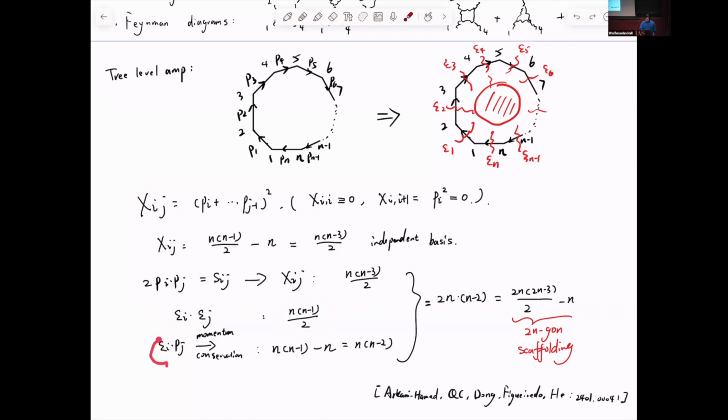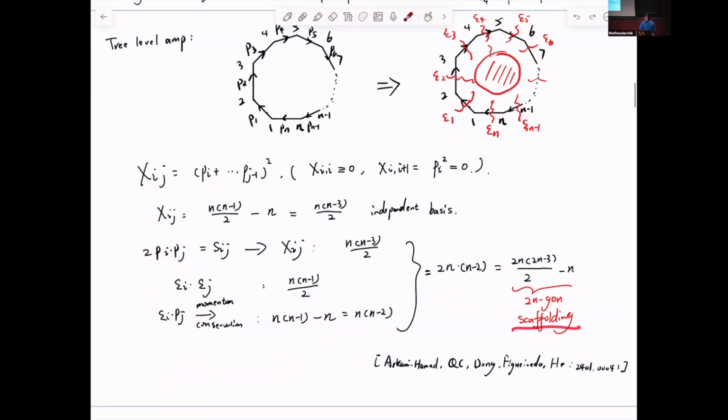And we need epsilon_i dot p_j, but you need to solve the momentum conservation, so the number is n times (n minus 2). Adding all those invariants, the number is 2n times (n minus 2), which matches the 2n-gon when you take all the scaffolding residues.